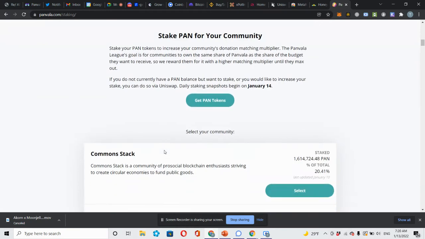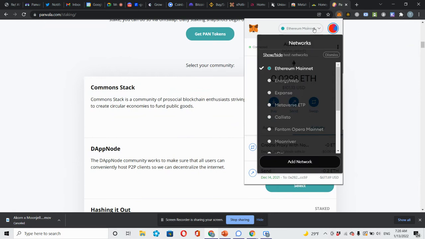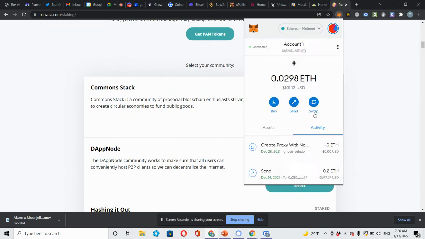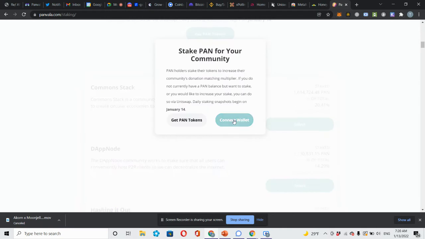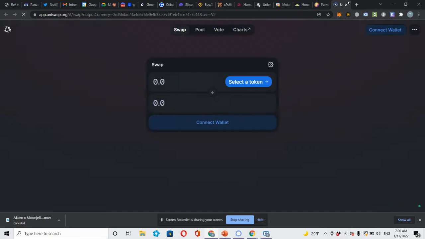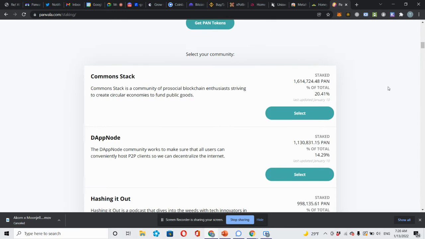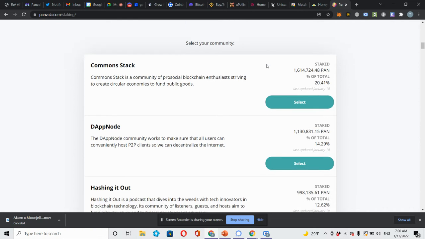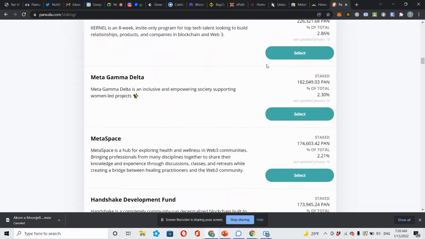Wallet's connected, and we are trying to stake on XDAI. Well, okay, so we're on XDAI, and we scroll down to the organization that we want to stake with.